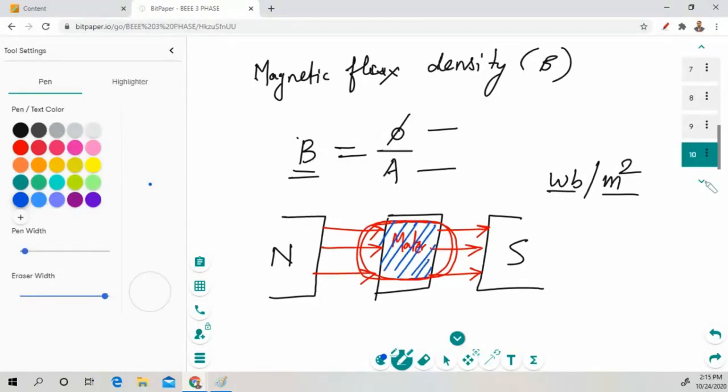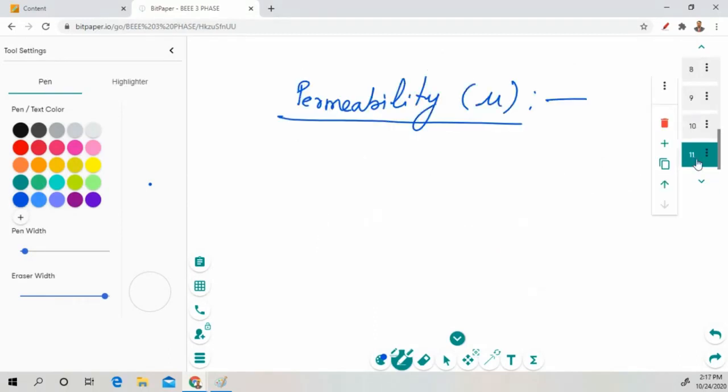This is called the magnetic flux density for the circuit. How can we represent permeability? Permeability is represented by mu. The ability of a material to conduct magnetic lines of force through it is called the permeability of that material.